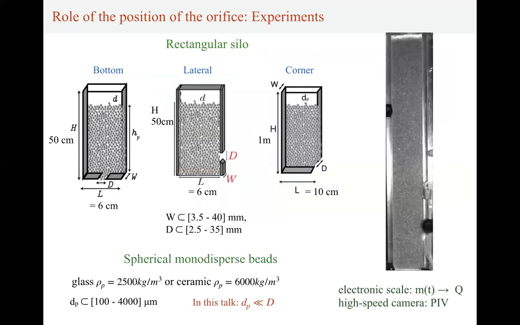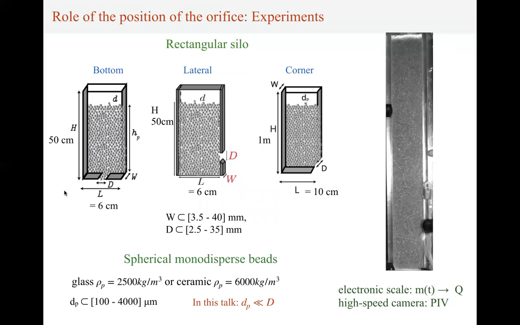So we did some experiments and we decided to use a rectangular silo. Why a rectangular silo? Because we can see what's happening inside, like in the previous talk, which was really interesting. With this kind of apparatus, we can see what's happening inside thanks to a camera, and we can do PIV to measure the velocity at the wall.